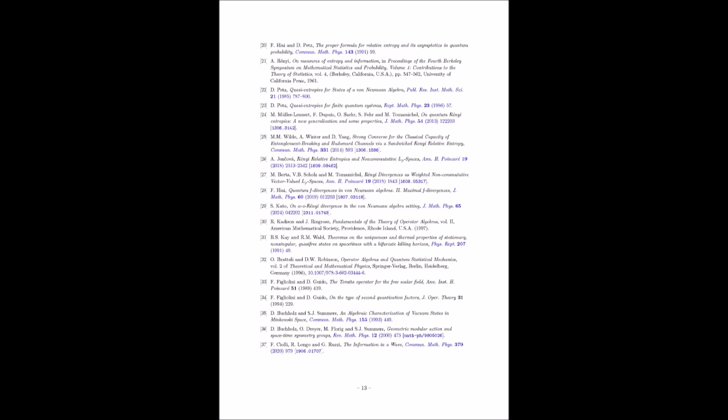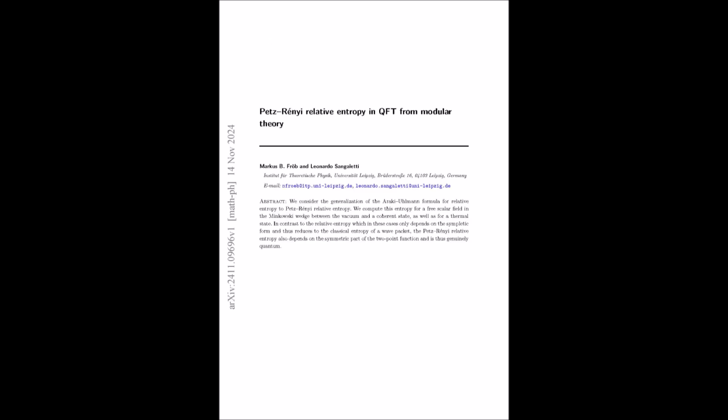The formula is a bit involved, but essentially it expresses the Petz-Rényi relative entropy in terms of the parameter alpha, which, as we've discussed, allows us to tune the sensitivity of our measurement, and the quantity related to the mass of the scalar field. So the entanglement in the right wedge is dependent on both the parameter alpha and the mass of the field itself. Precisely.